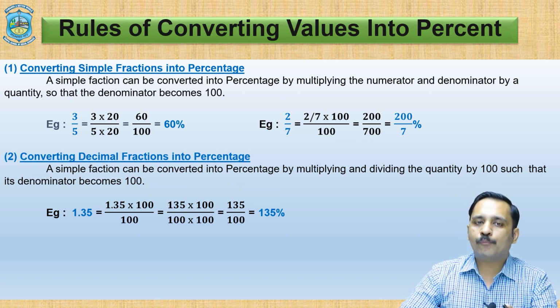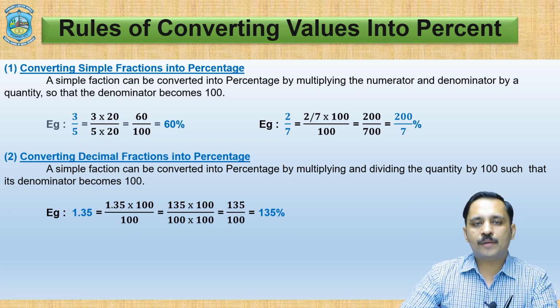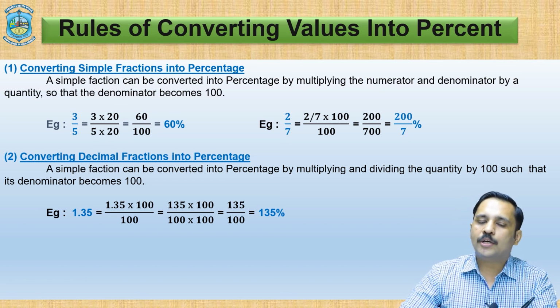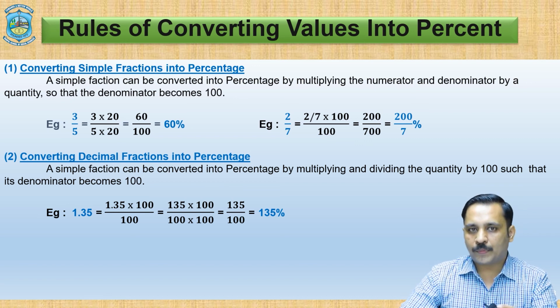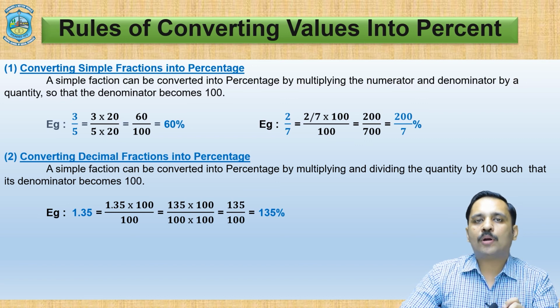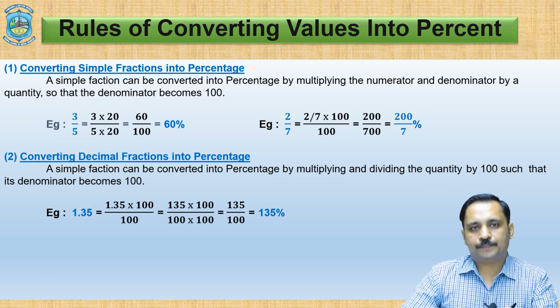So we have 1.35 into 100 whole divided by 100, which is equal to 135 into 100, and to remove this decimal, we have to add 100 in the denominator. So it is 100 into 100. Now 100 gets cancelled, and we know that since 1 upon 100 is a percentage, the final answer is 135%.